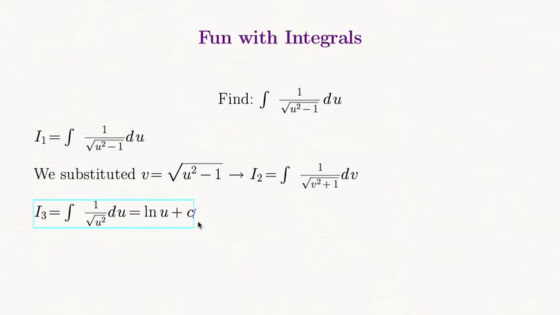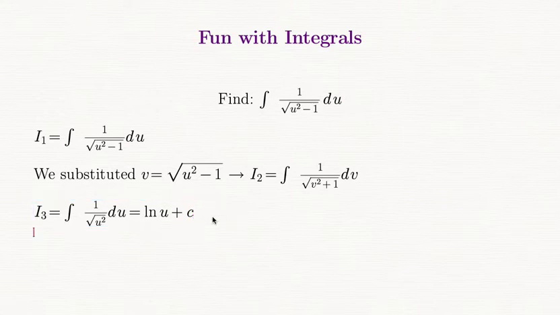Now we have a question. I1 and I3 are very similar, just that the minus 1 in I1 is not there in I3. So can the answers be that different? That's our hope. Maybe the answers are really not that different.